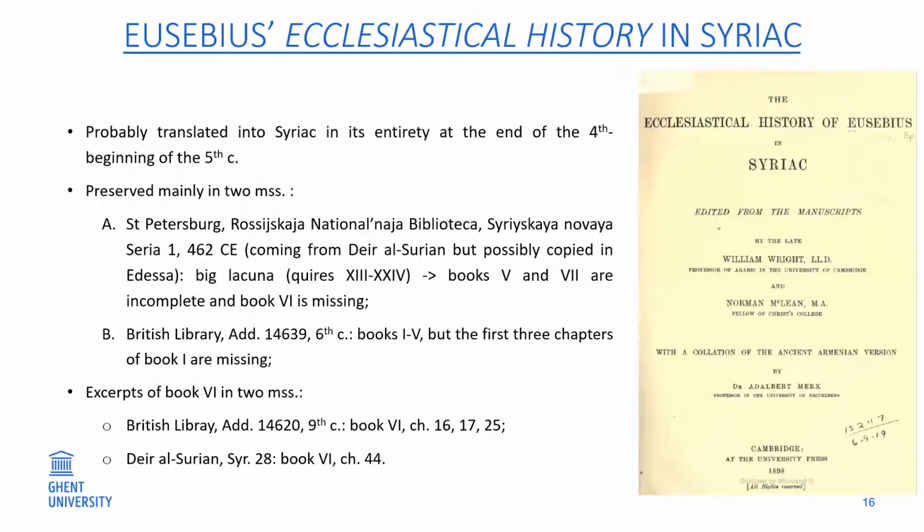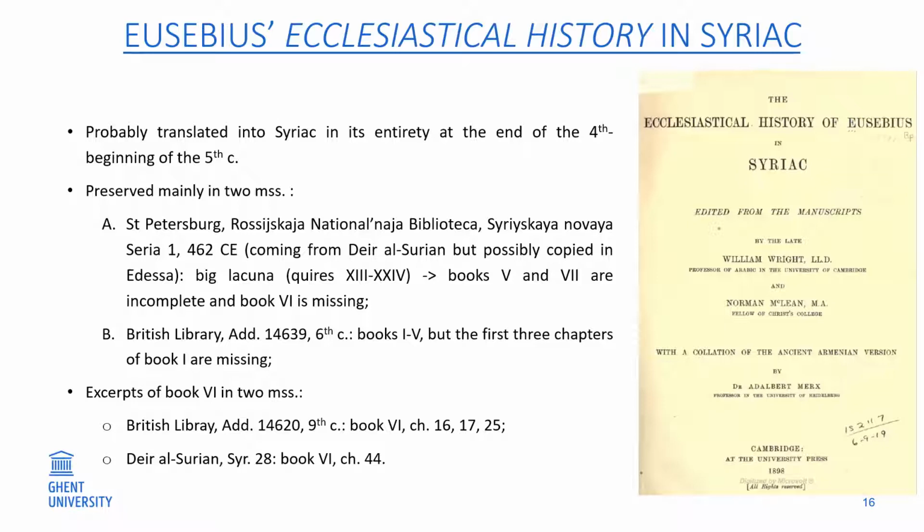We have some excerpts from book 6 in another British Library manuscript, 14620, but this manuscript only has excerpts from chapters 16, 17, and 25. So again, our Deir al-Surian manuscript is the sole Syriac witness of book 6, chapter 44.